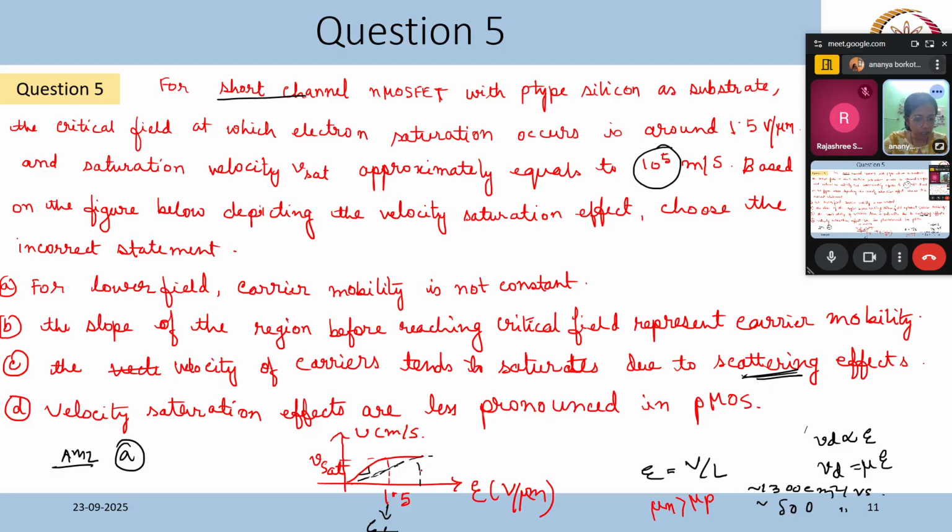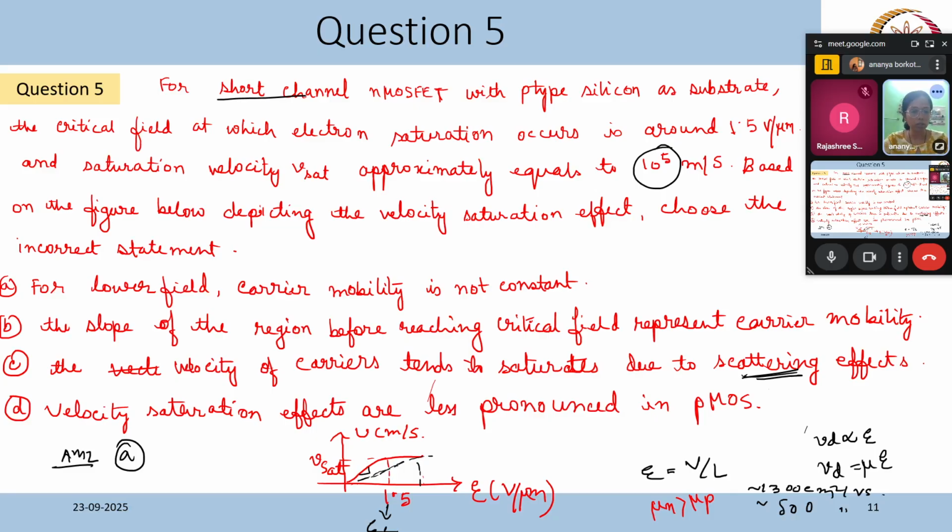In this case, the critical electric field is at this point, so it is much higher than the critical electric field for NMOS. The slope will increase very little, so we will not reach the critical electric field. That is why we will not reach velocity saturation. For example, at this electric field point, the electrons in NMOS will be at v-sat, the maximum velocity they can take. But for PMOS, we can still use the mu times electric field expression, because it has not yet reached saturation.